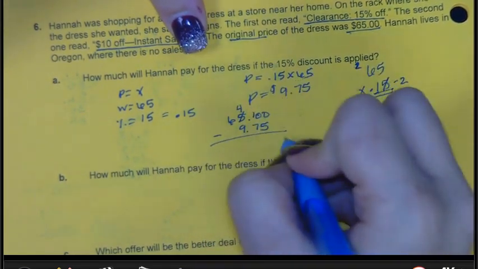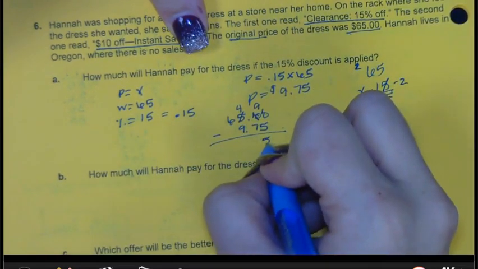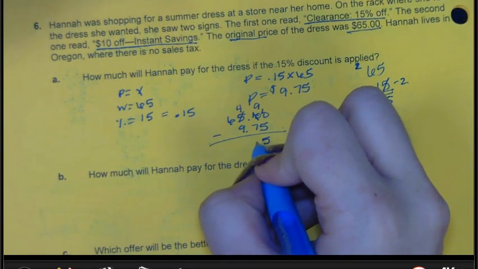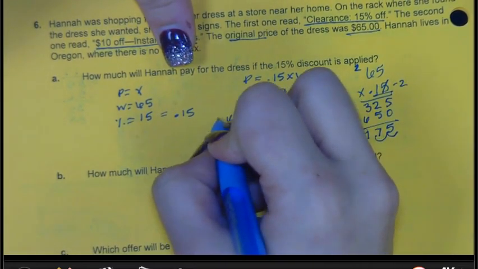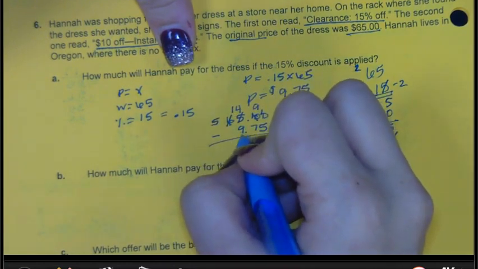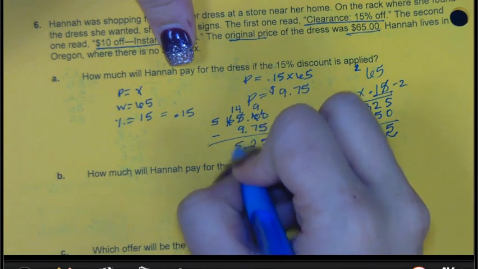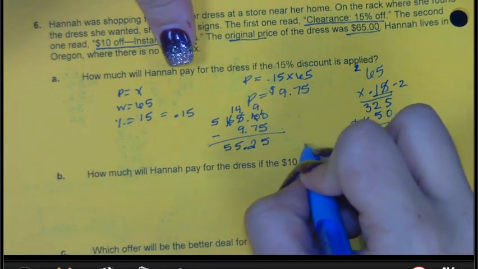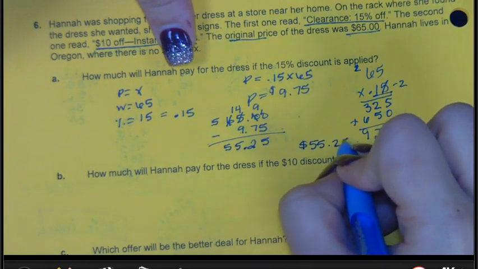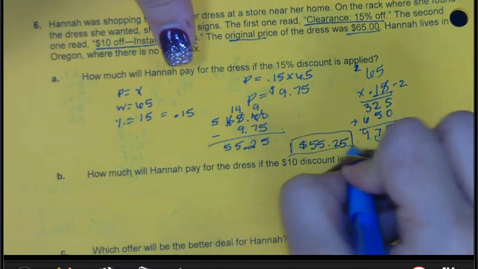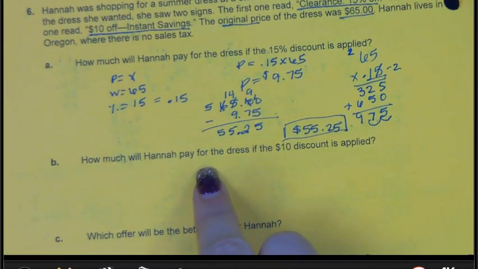I need to borrow again to give me 10 minus 5 is 5. 9 minus 7 is 2. 4 minus 9, I cannot do it, so I have to borrow from the 6 to give me 14 minus 9 is 5. I'm going to bring down my decimal, don't forget, and then bring down the 5. So for our 15% discount, she's going to pay $55.25 for the dress.